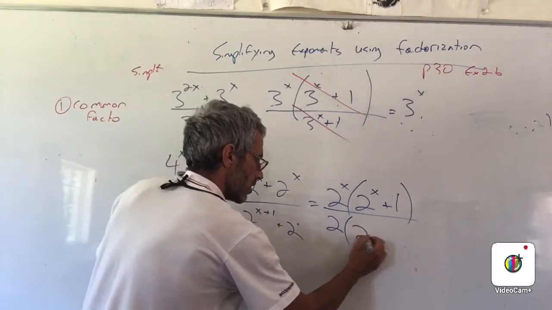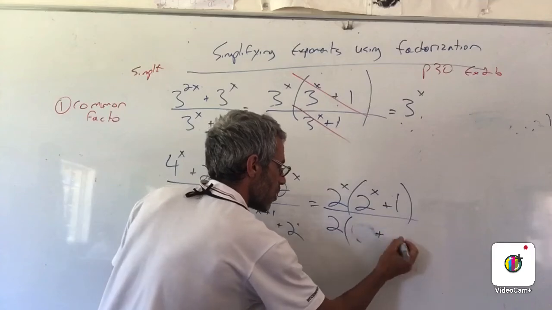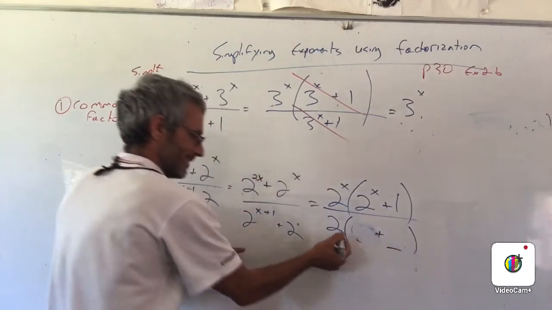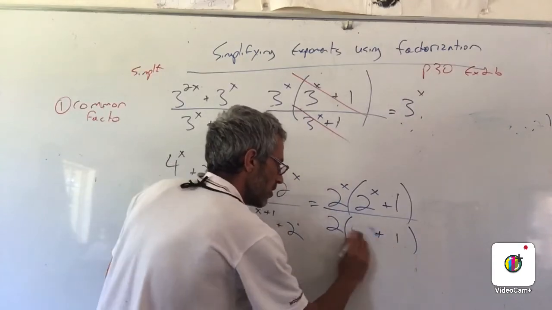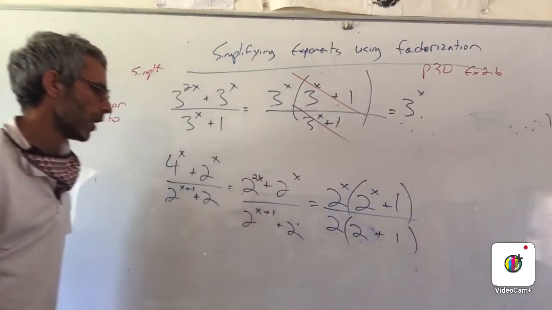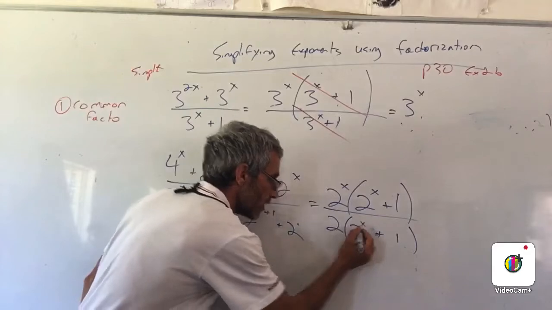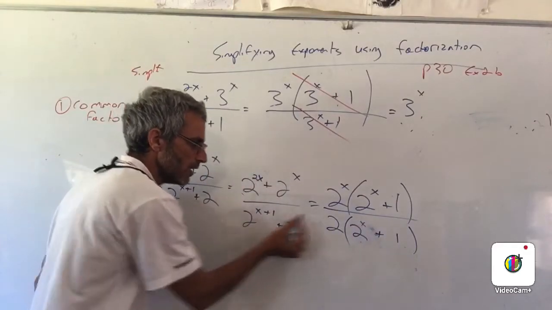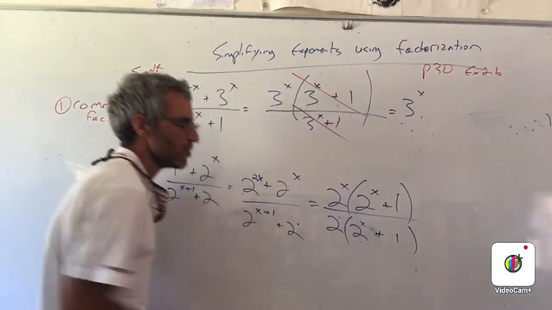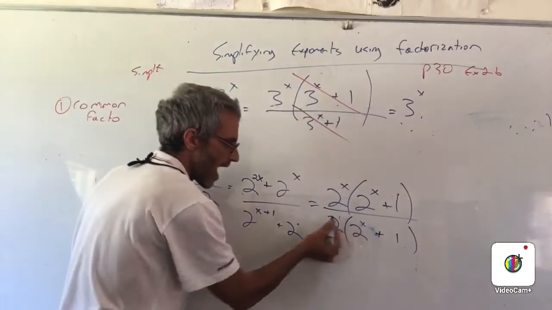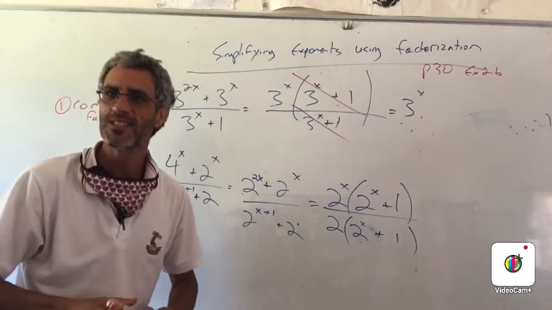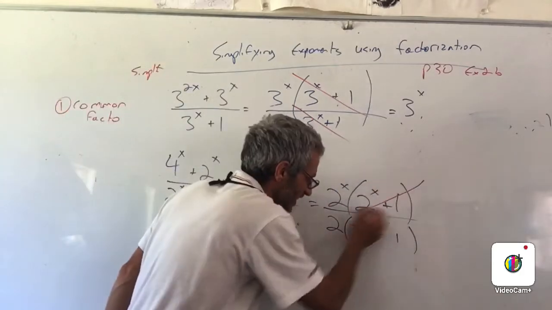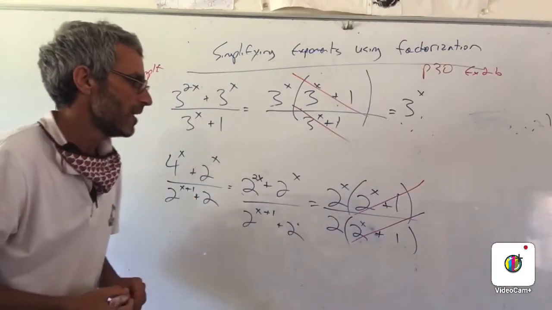Okay. Let's start with the second term. What should I multiply 2 by to get 2? That's the same, which is just 1. But this is going to be 2 to the power of what? x plus 1. You want it to be x plus 1. So I've got the 1 here, so this one's going to be 2 to the power of x. If you add them, you're going to get x plus 1. And what do we do now? Cross cancel once.